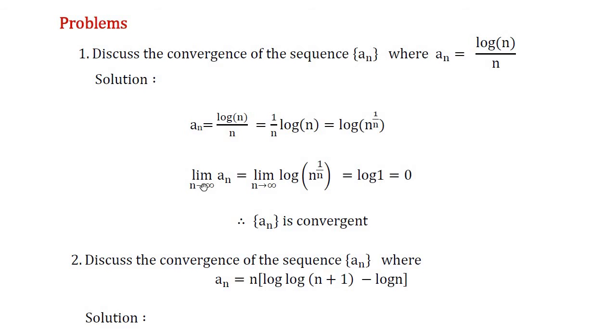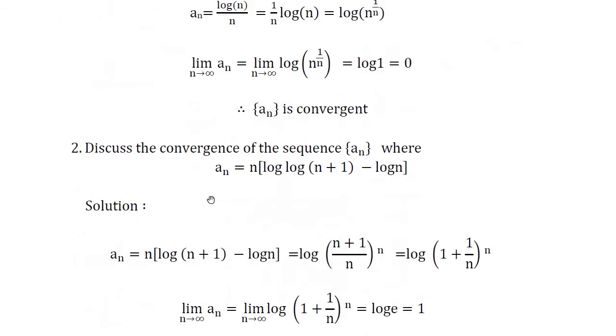So now apply the limit, that is limit of an as n tends to infinity is equal to limit as n tends to infinity log of n power 1 by n. We know that n power 1 by n is a standard sequence whose limit is 1. We get log 1, that is equal to 0, that is, the limit of an as n tends to infinity is finite and unique, hence the sequence an is convergent.